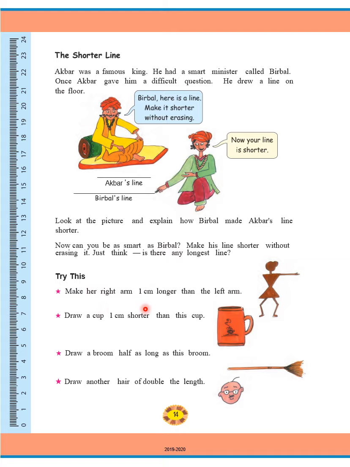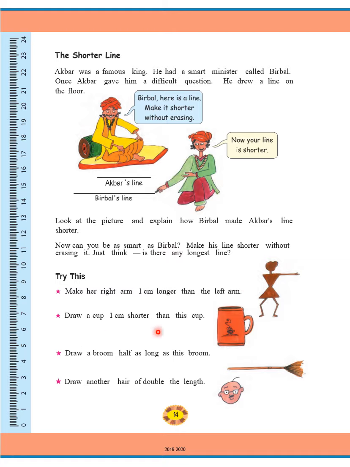Make her right arm 1 centimeter longer than the left arm. If we measure the left arm, the length is 1.3 centimeter. And we have to make the right arm 1 centimeter longer than 1.3 centimeters. So the right arm length is 2.3 centimeter.